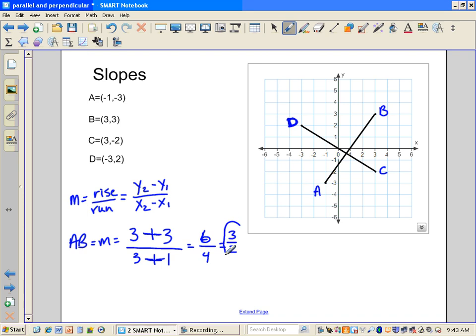So there's my slope of my line AB. I'm going up 3 over 2.